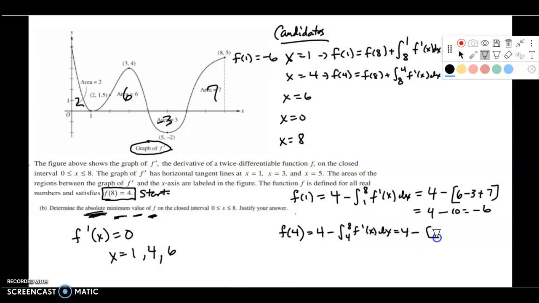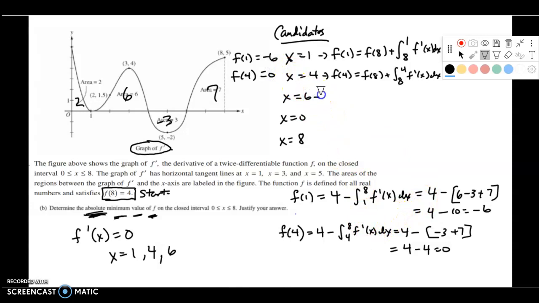That's going to be 4 minus from 4 to 8. That's negative 3 plus 7, the area under the curve. So that's 4 minus 4, it's 0. So f of 4 is 0.